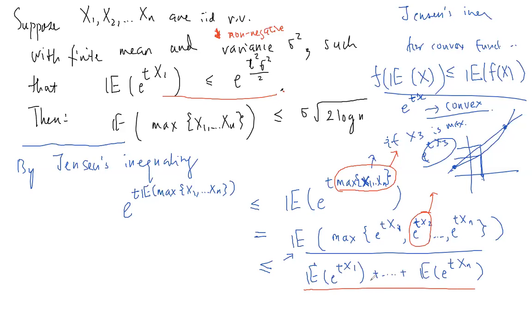Okay, so this is the idea of how you generate a further inequality. And then this will be less than or equal to, by hypothesis, you will have n terms, each E of t square sigma square over 2. Okay, so this is by hypothesis.